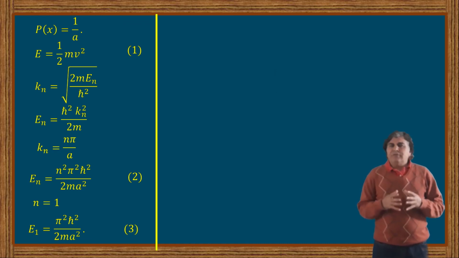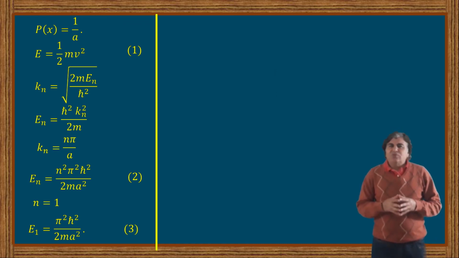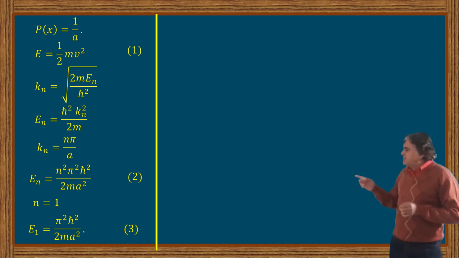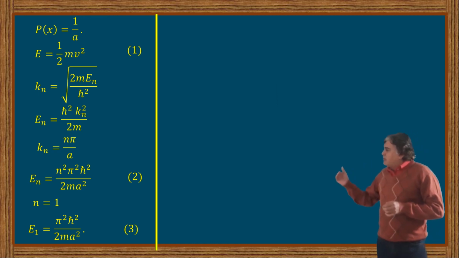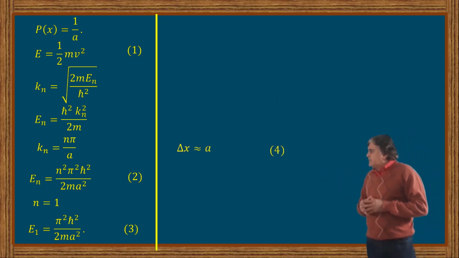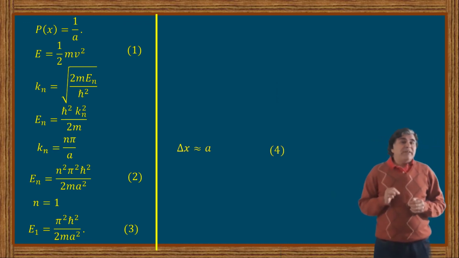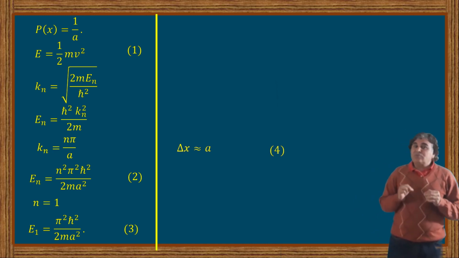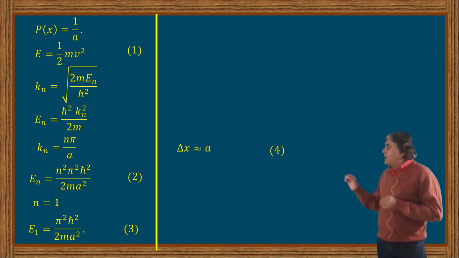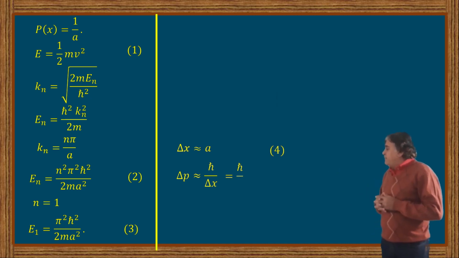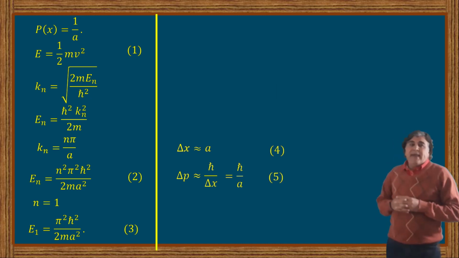Now we can further discuss this through the uncertainty principle, because the possible uncertainty in position, that is delta x, is of the order of the width of the well, that is delta x is approximately equal to a. Therefore, the minimum momentum uncertainty becomes, according to the uncertainty principle, delta p of the order of h bar divided by delta x, and substituting the value of delta x, I can write this as delta p equals h bar divided by a.